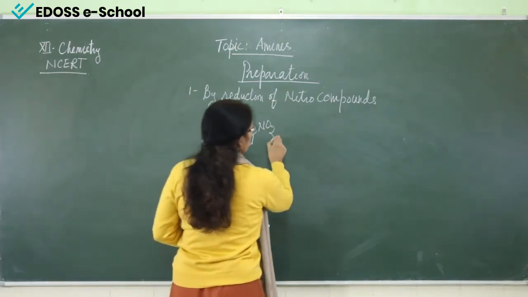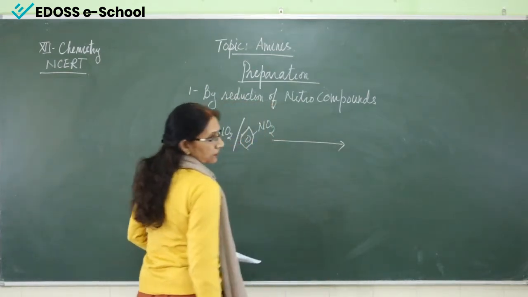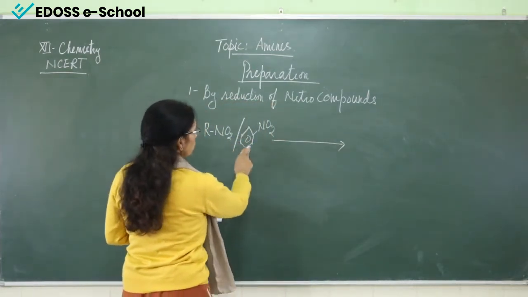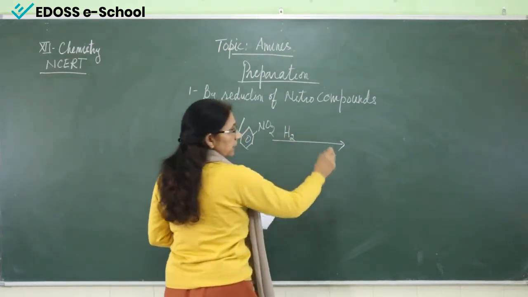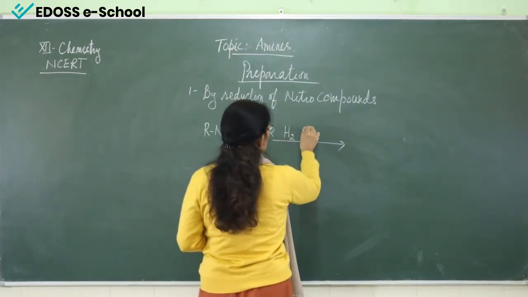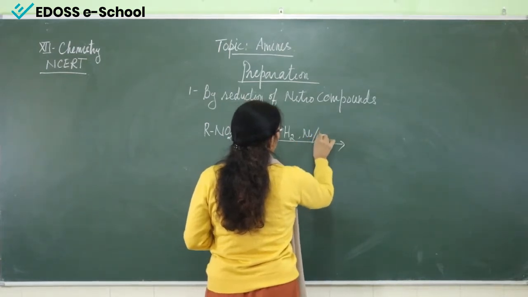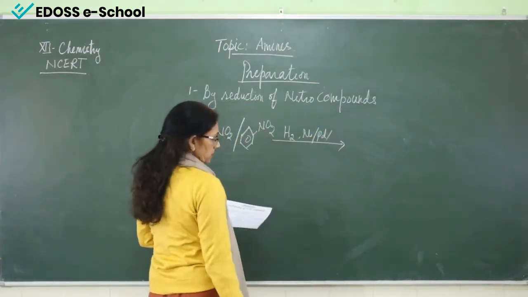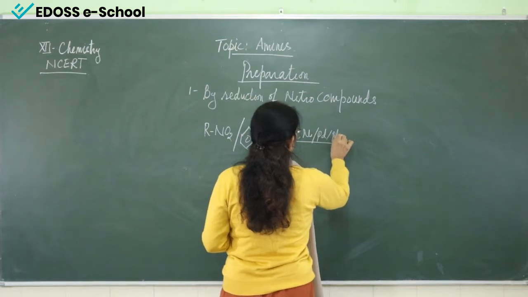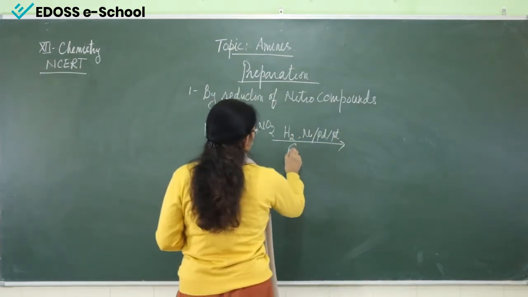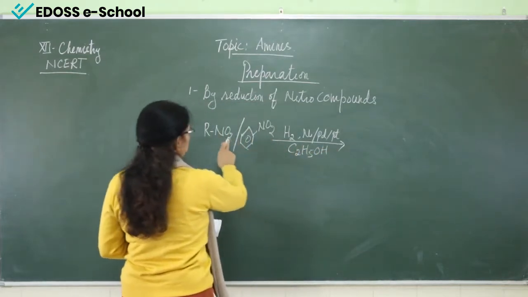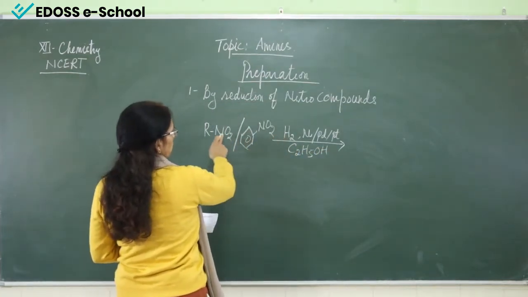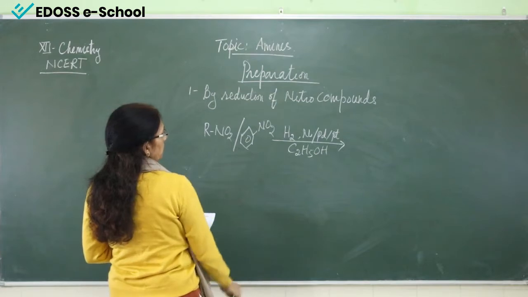So in the first method, we will reduce it with the help of hydrogen in the presence of nickel, palladium, or platinum, these are the catalysts, in the presence of ethanol. So what will happen? This hydrogen will be added here and this oxygen will be given out.